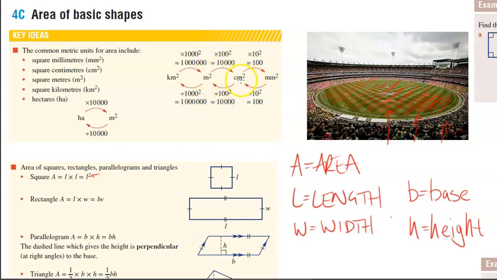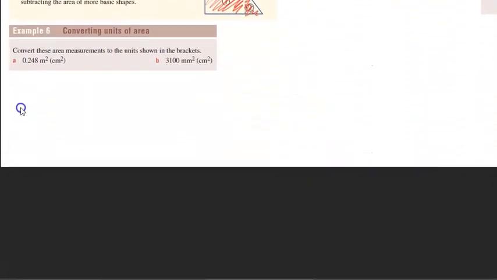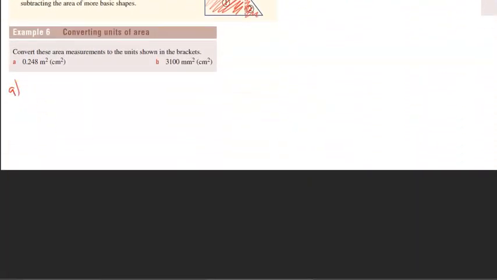In order to get from one to the other, just like we did in the previous example, we need to times this by 100 squared, or times this by 10,000. So for A, this is going to be 0.248 times 10,000.